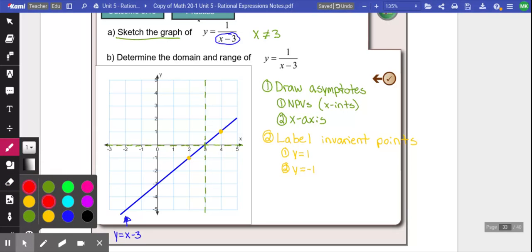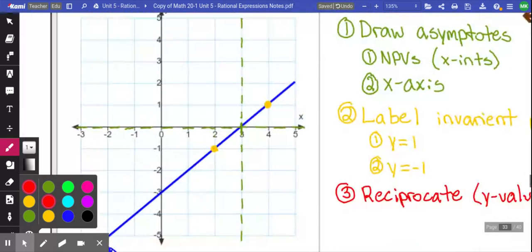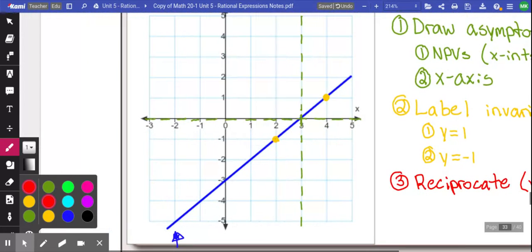The third step is to reciprocate. And remember, you're reciprocating y values. To reciprocate, to actually draw out the graph, you're going to put your pencil on one of your invariant points.